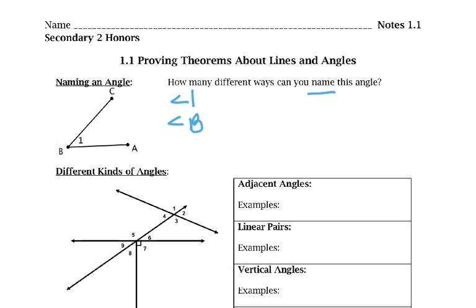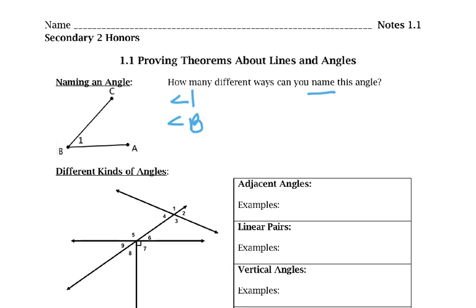Now we can do that as long as there's no other angle B that could be talking about a different thing. Like if I had another angle right here, angle 2, and that one also has a vertex B, then I couldn't call it angle B because I don't know which one I would be talking about. So if there's any risk of confusion, then you cannot name it by just the vertex.